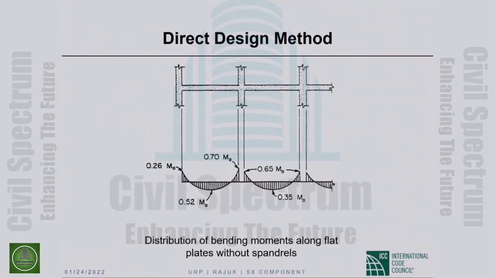Remember, part of the unbalanced moment is transferred by eccentricity of shear, and that adds to punching shear stresses caused by gravity. So in an attempt to be conservative with respect to punching shear, we are arbitrarily increasing the 26% of M sub 0 to 30% of M sub 0 to be transferred from the slab to the column for the purpose of shear design only.